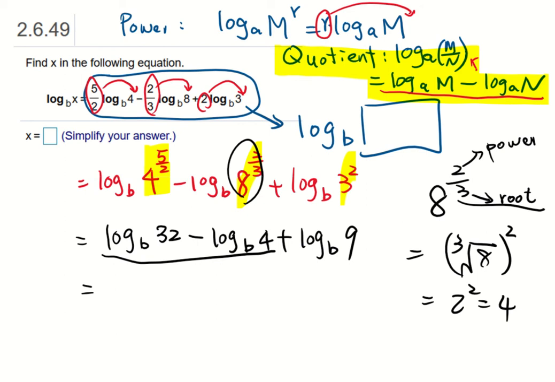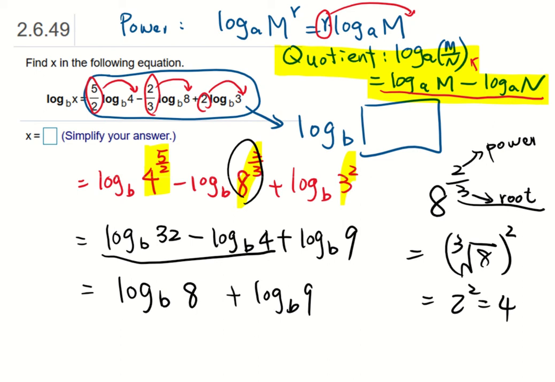Right. So that means this becomes log with base b of 32/4 plus log base b of 9. Well, 32 divided by 4 is just 8. I'm just going to erase it and replace it by 8.